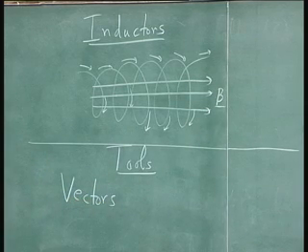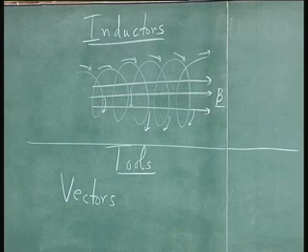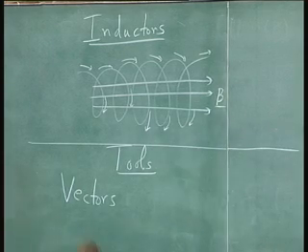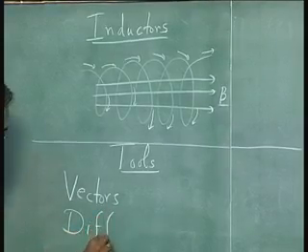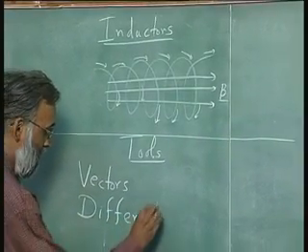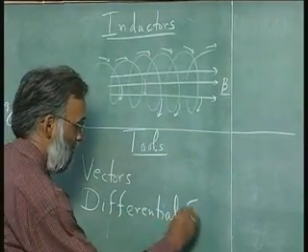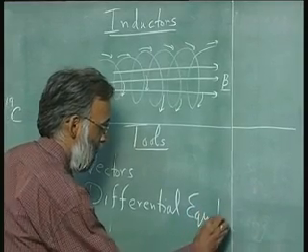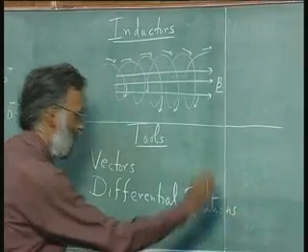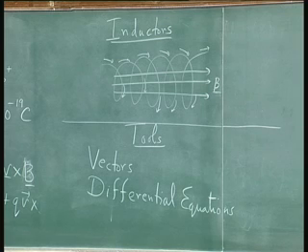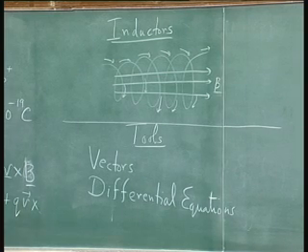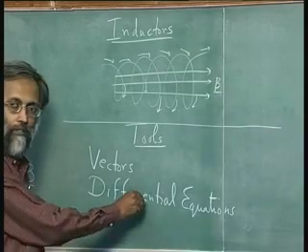We will review vectors, but still you should have learned them. You need to understand differential equations. Now, more than vectors, you need to understand what vectors can do in the presence of differential equations.